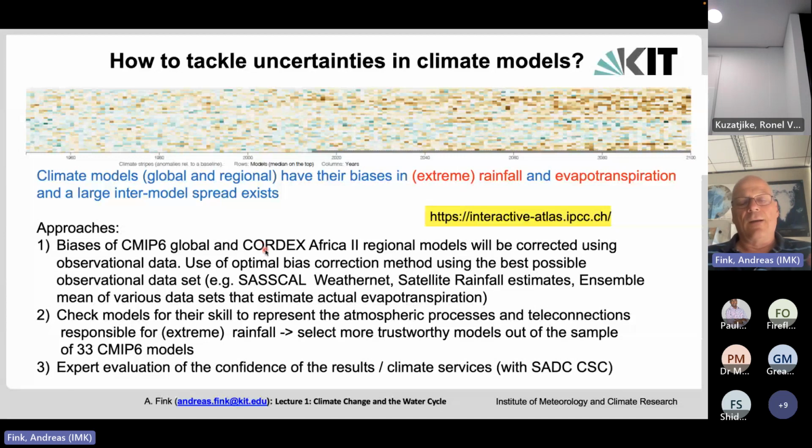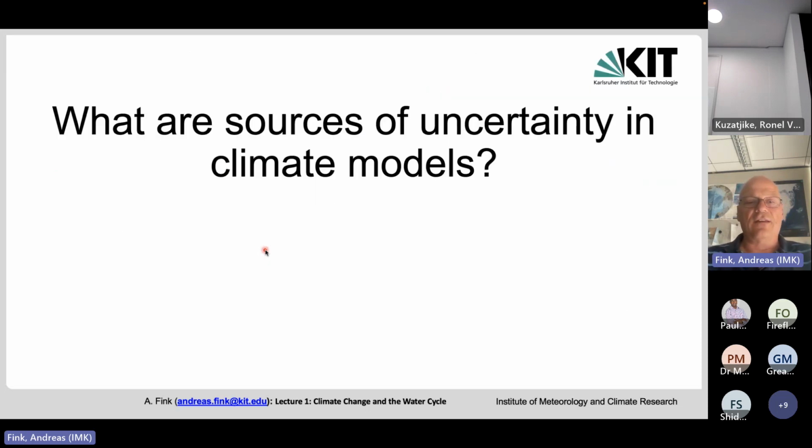And so you have to be really, really cautious with the models. And here is some guideline on how to use the CMIP6 or CORDEX model output. I will not allude to it, but take the message here: the attribution of the present changes and the future changes carries some uncertainties.